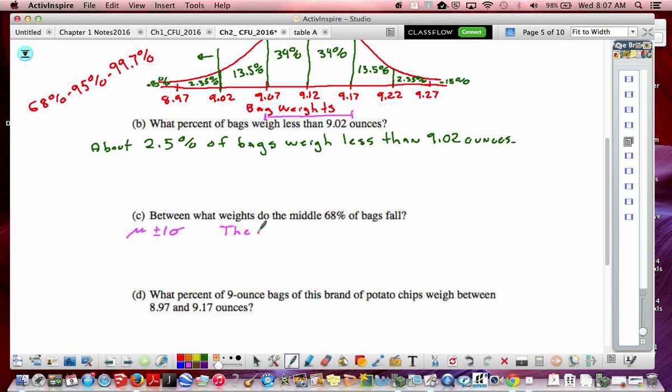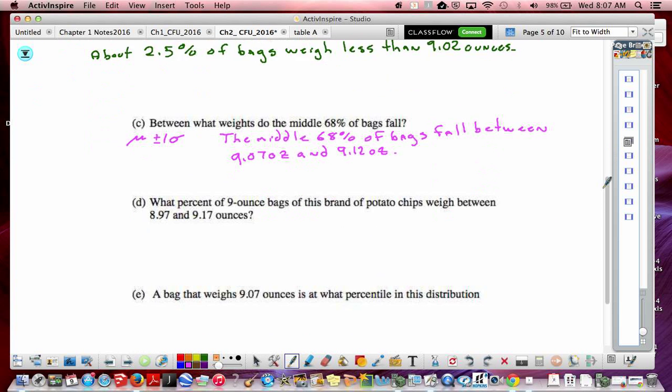So we'll say the middle 68% of bags, whoops, I got ahead of myself there, sorry about that, bags fall between 9.07 ounces and 9.17 ounces.